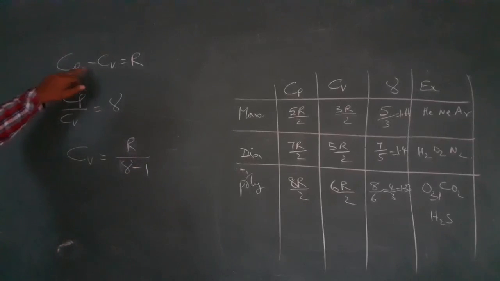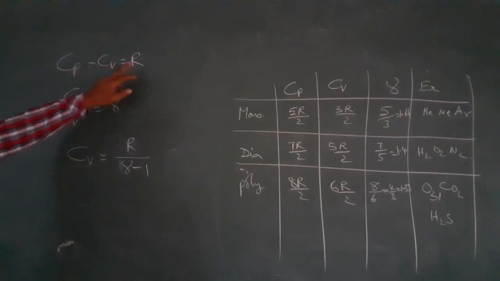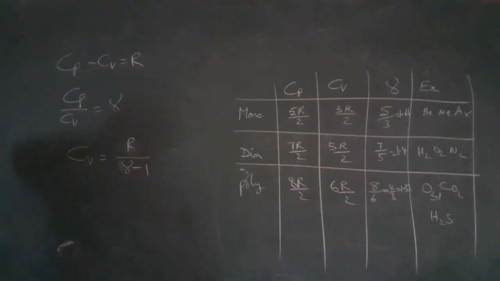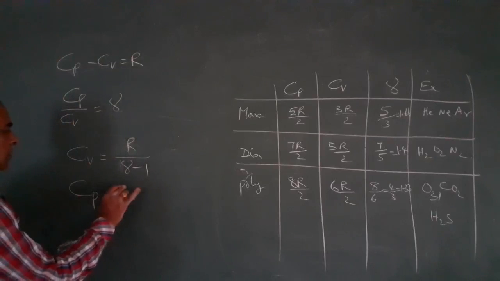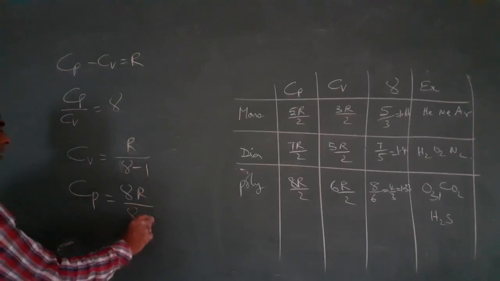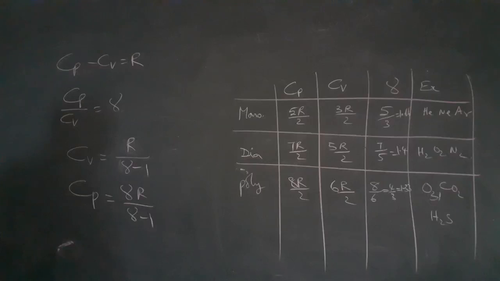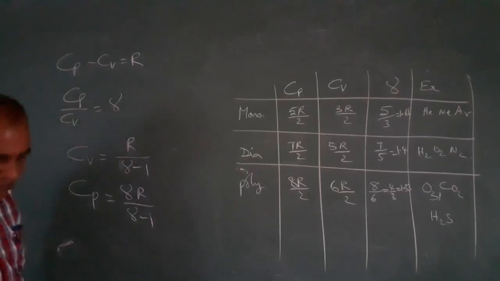Cp minus Cv is equal to R. Cp is equal to gamma Cv. Substitute here: gamma minus 1 bracket into Cv is equal to R. Therefore, Cv is equal to R by gamma minus 1. Cp is equal to gamma R by gamma minus 1.